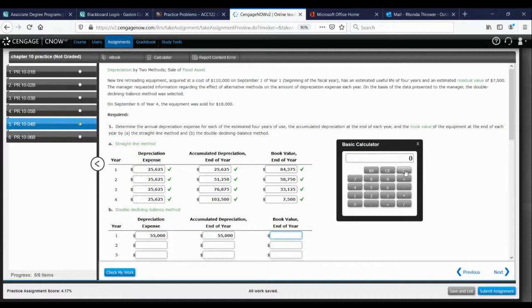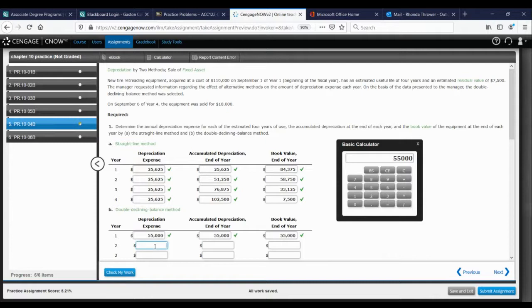And the book value in year 1, let me recalculate that, would have been 110,000 minus 55,000, which would have given you 55,000 again, because our straight line rate was exactly half.